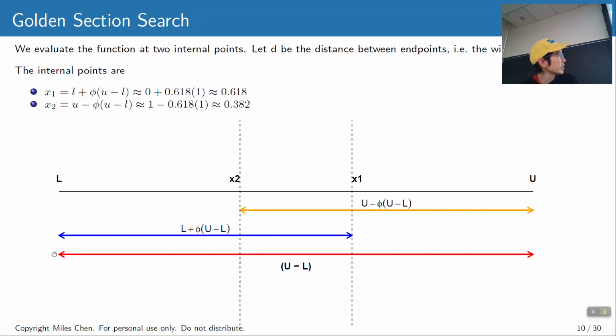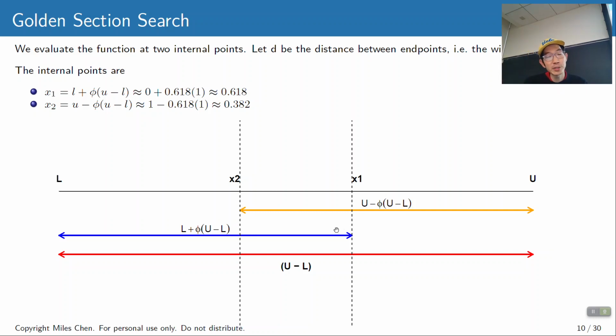So I take the length from the upper bound to the lower bound, U minus L, and I multiply that by phi, which is 0.618, and I do lower bound plus this, and then I do upper bound minus this. In our case, because the lower bound is 0 and the upper bound is 1, it gives us nice easy numbers of 0.618 and 0.382.